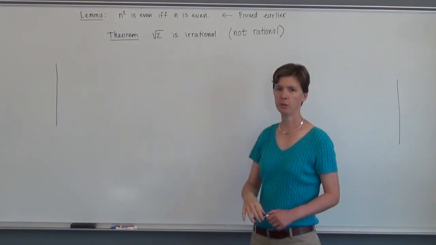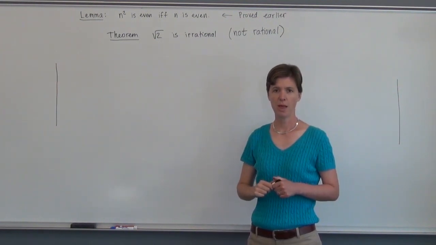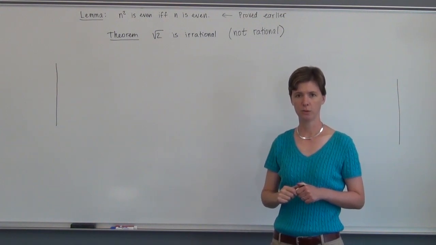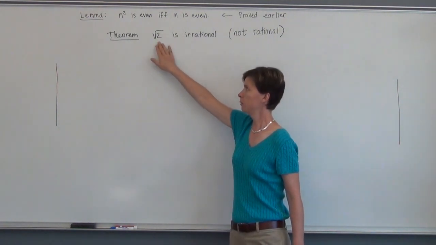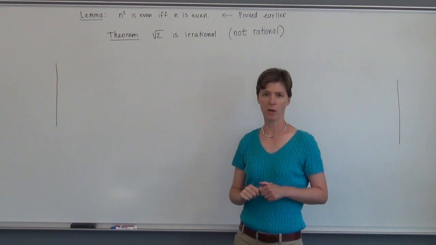Whenever you have a statement like this, there is another proof technique that you have not seen before that will often be useful. It's called a proof by contradiction. The way it works is that we'll say, well, wait a minute, why is it irrational? Why don't we assume that it is rational?